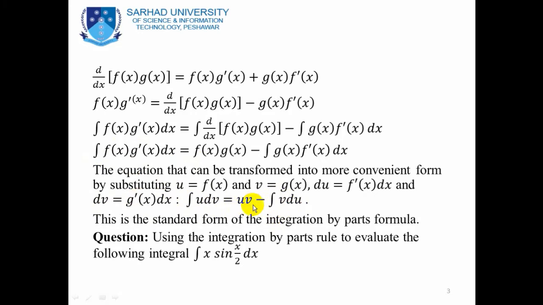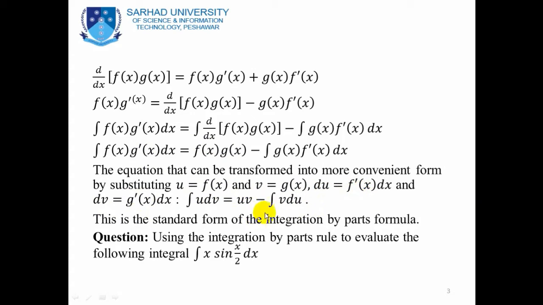In this formula you see over here, this is actually the first function. Write the first function as it is and take the integration of the second function minus, actually u is the first function and v is the second function. So you see over here f into g of x, and dv represents the derivative of the g function and du represents the derivative of the first function.